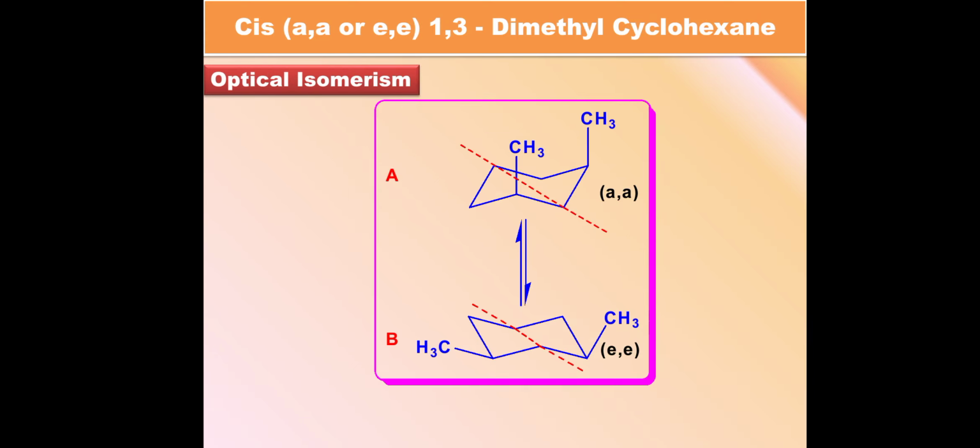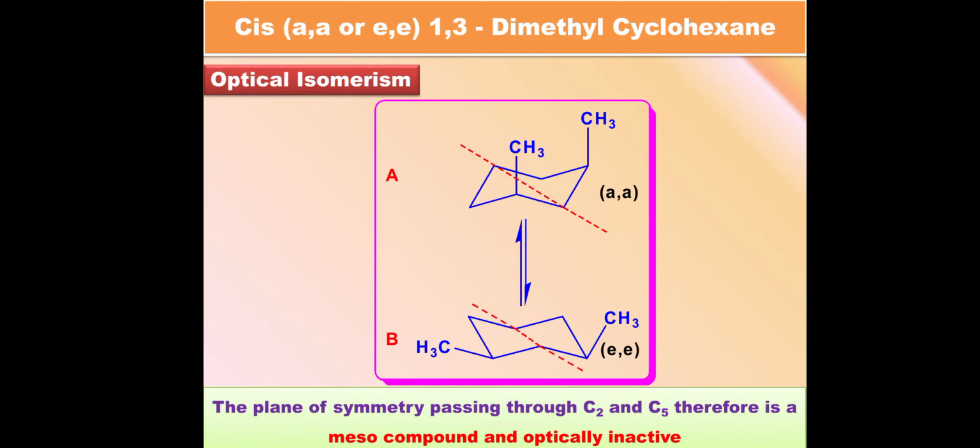If you look at the optical activity of cis axial or equatorial 1,3 dimethyl cyclohexane, in both cases we have a plane of symmetry passing through carbon number 2 and carbon number 5 positions. Because of that plane of symmetry, the molecule is separated into two similar halves and therefore it is optically inactive and is a meso compound.